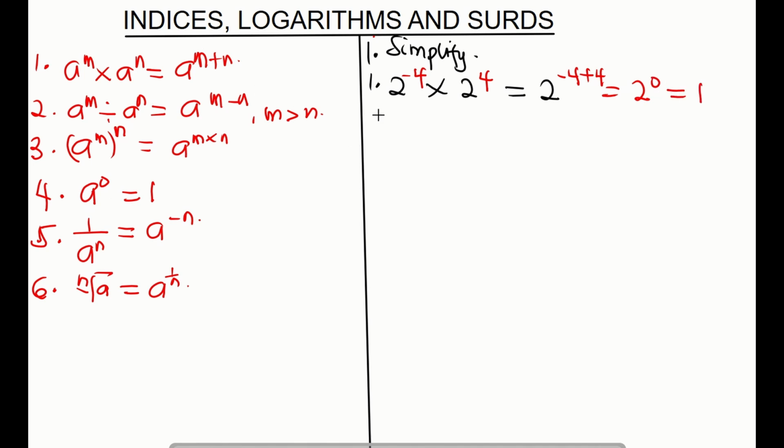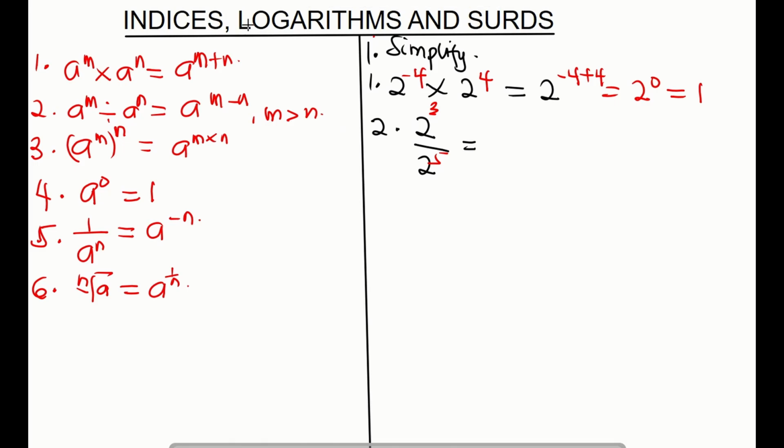Now let's consider a different example. Example 2. Let's consider 2 to the power 3 over 2 to the power 5. From the second law, since they are divided, we subtract.